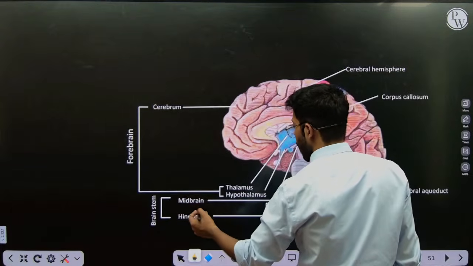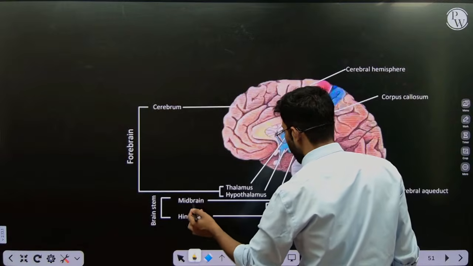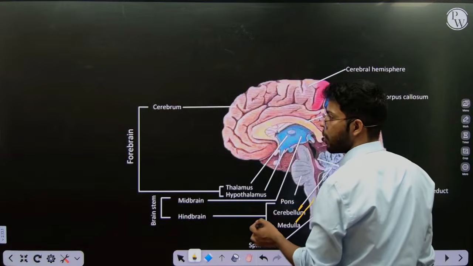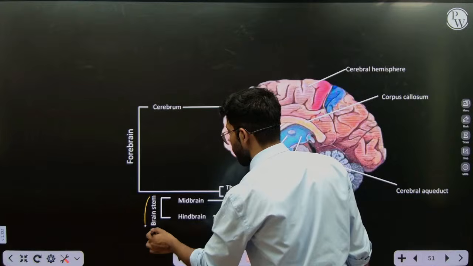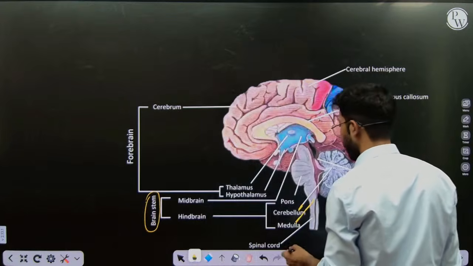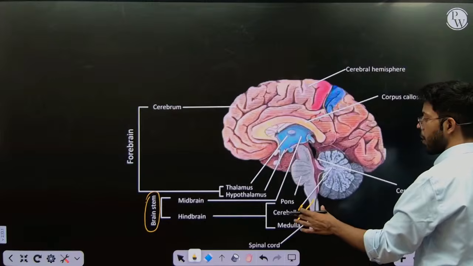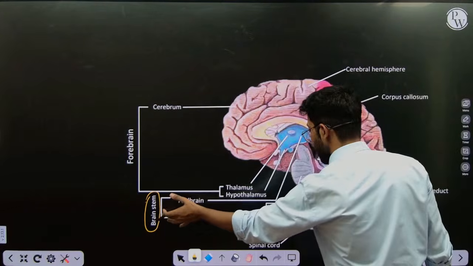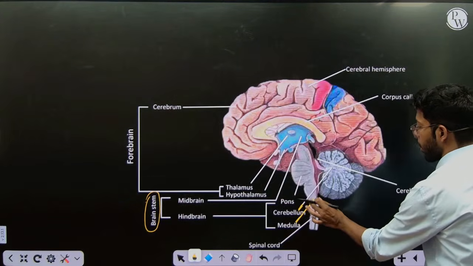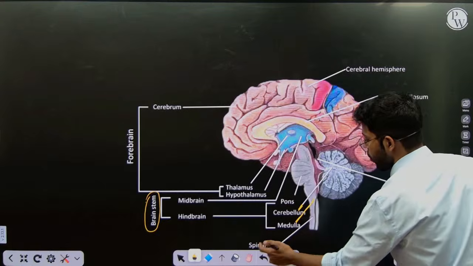The midbrain along with pons and medulla constitutes the brainstem. Cerebellum is not included in the brainstem, and then the medulla oblongata leads to the spinal cord.